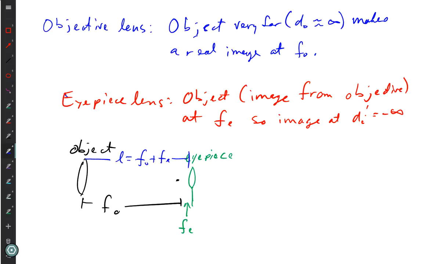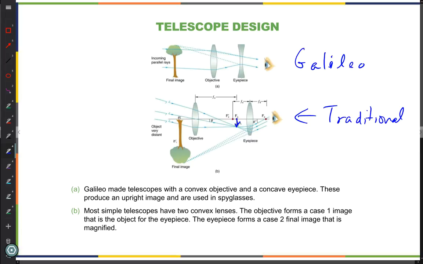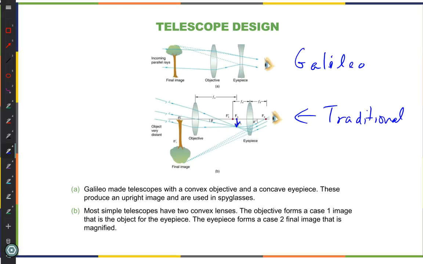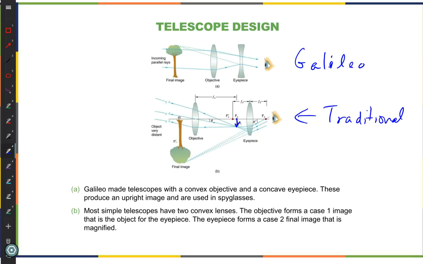Now we also want to calculate the magnification, not just the length. Calculating the length of the telescope isn't all that useful. Calculating its magnification, that's useful. So for the magnification, we come here and we have the objective, which is going to make an image for us, and the angle for that image is the angle that it would make with our eyeball if we were looking at it with the naked eye.